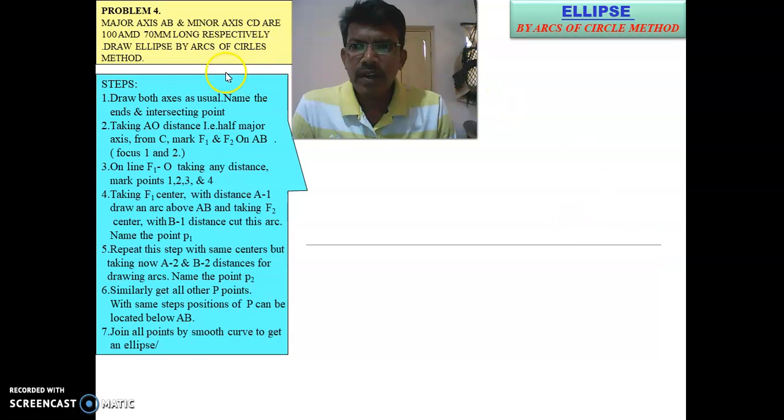The major axis is already given as 100 mm, so draw a line of 100 mm and name it A and B. After that, taking the midpoint, draw the line CD, the minor axis with a length of 70 mm, and name it C and D.